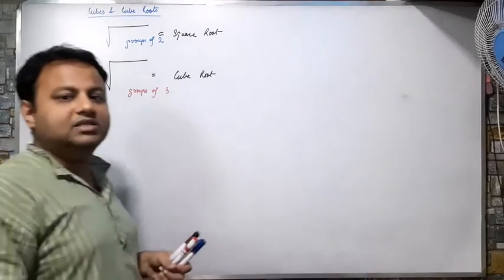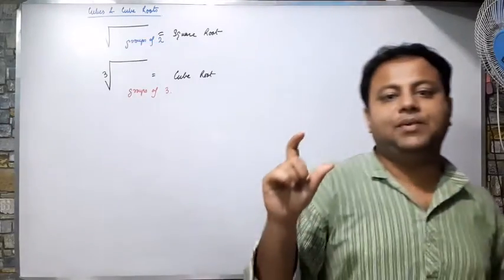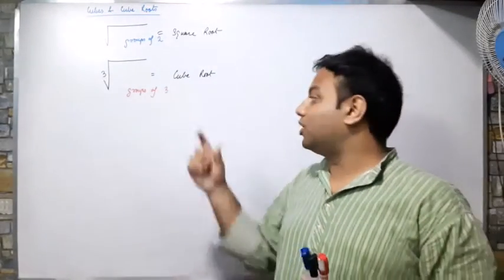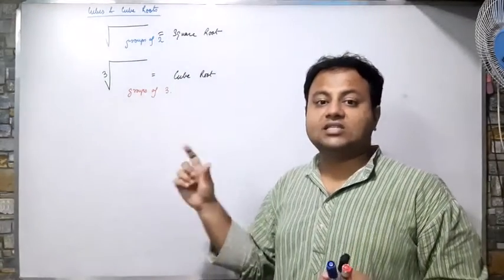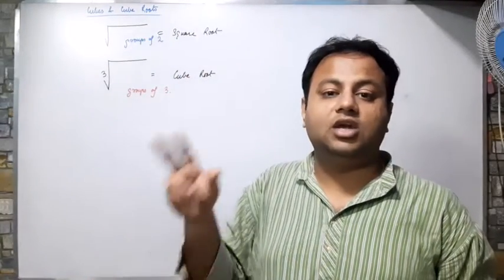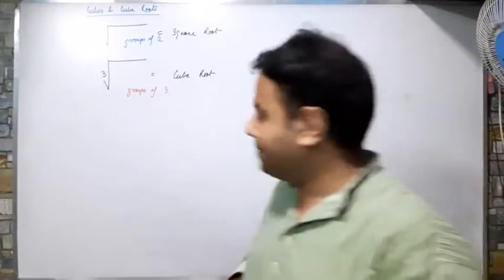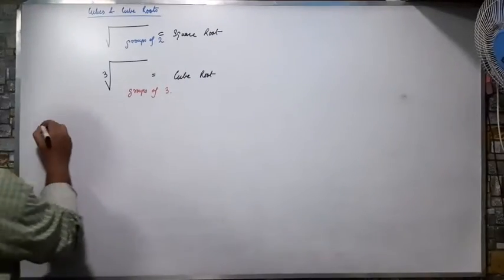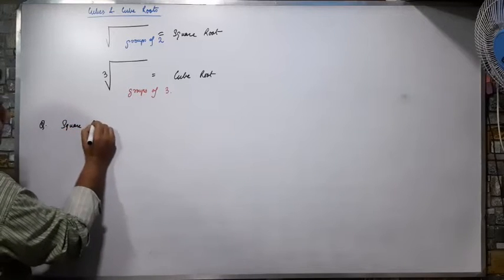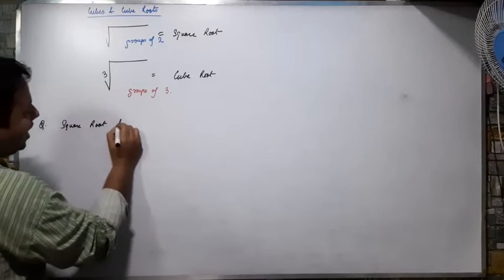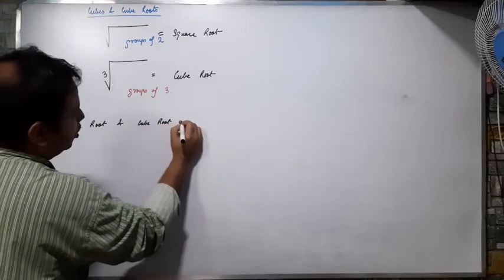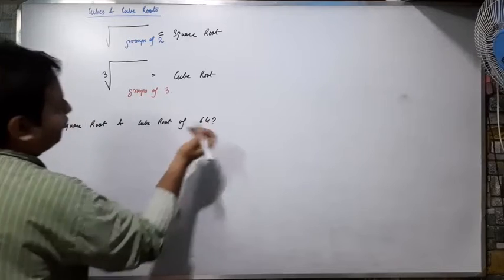A cube root means the factors have to be repeated 3 times, but in square root, the factors have to repeat only 2 times. For example, suppose I ask you to find the square root and cube root of 64.